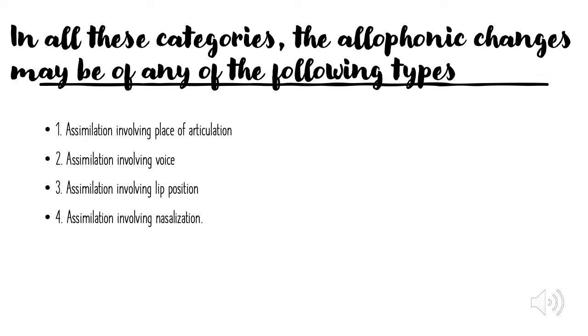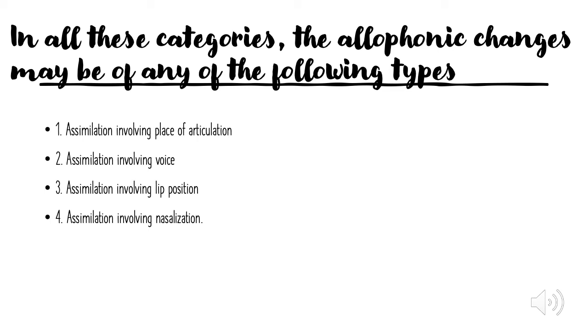So we have seen the different heads under which allophonic changes may be categorized. But in all these changes, we also need to know what is the nature of the change. Even when they are categorized under heads like partial or total, allophonic or phonemic, progressive or regressive, or at word boundary or within a word, the changes that occur are basically of four kinds.